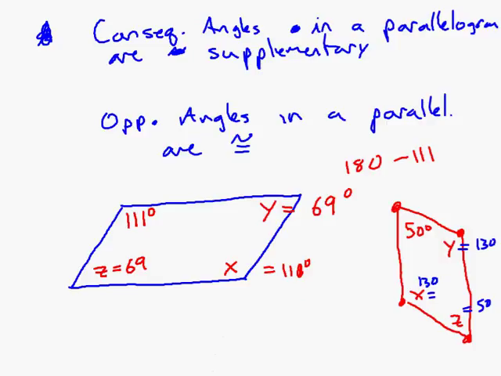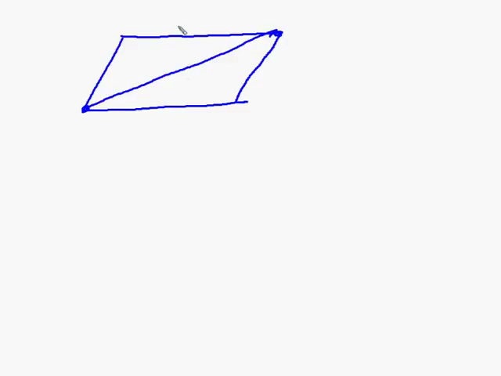Let's practice this before I get the next thing. Let's go back to the diagonals a little bit. All right, so the diagonals bisect each other. So let's say this piece of this is 3y minus 7, and this one is 2x.